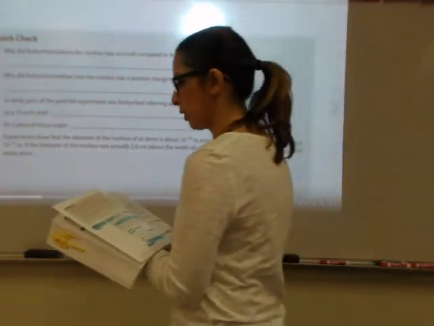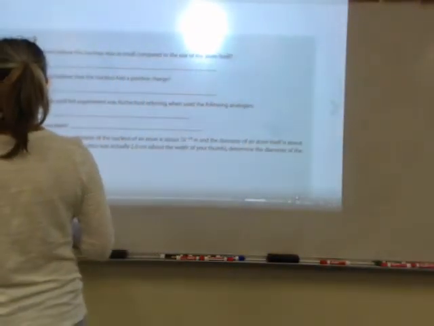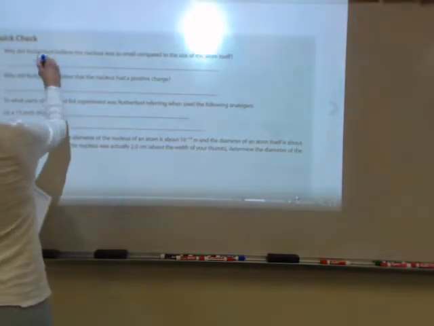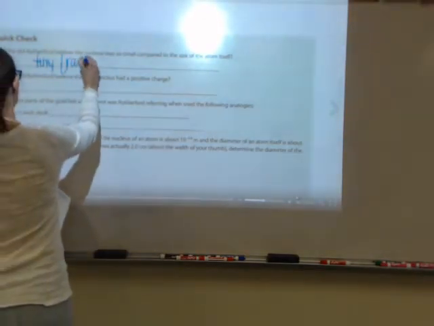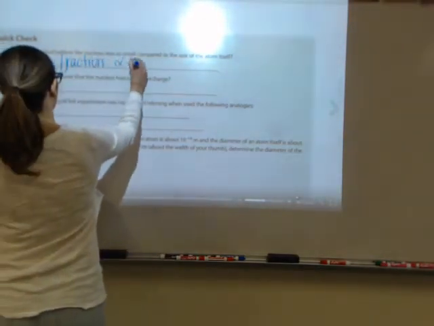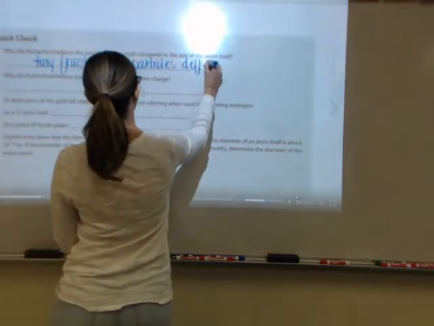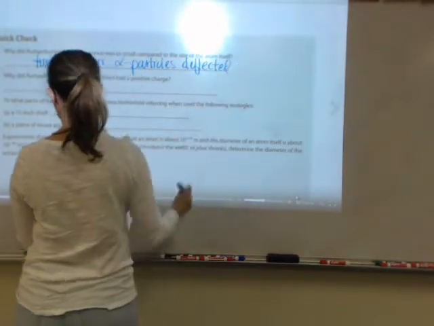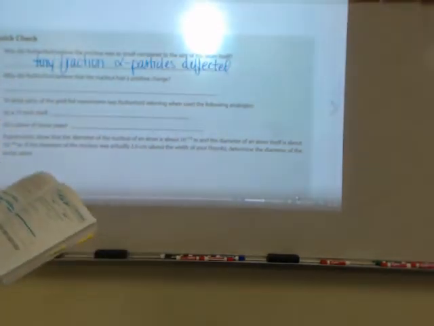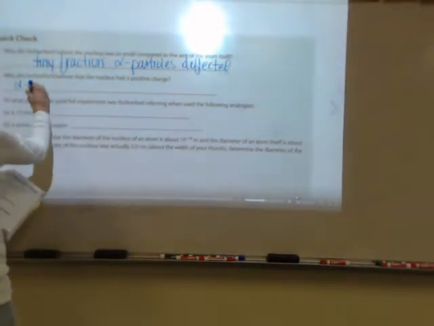Why did Rutherford believe that the nucleus was so small compared to the size of the atom itself? That's because a tiny fraction of alpha particles deflected. Number 2, why did Rutherford believe that the nucleus had a positive charge?